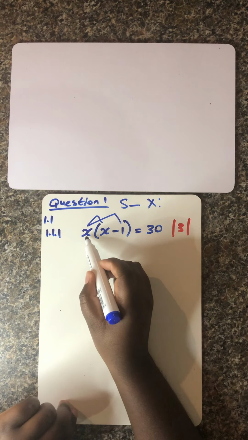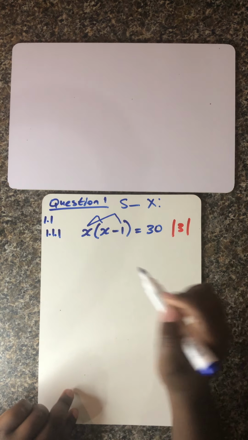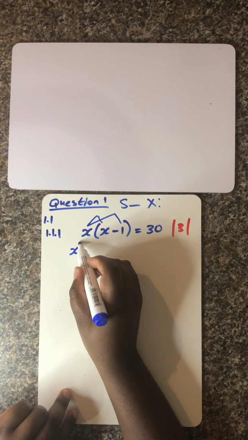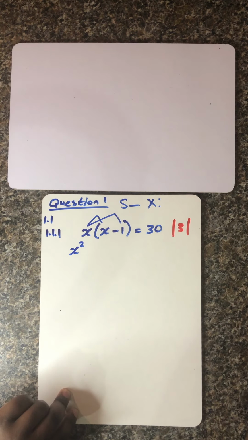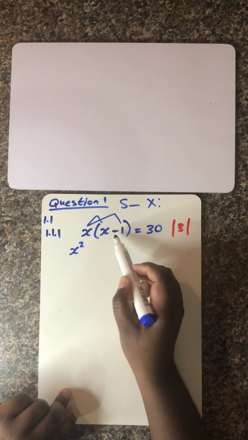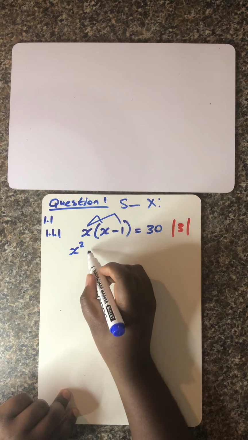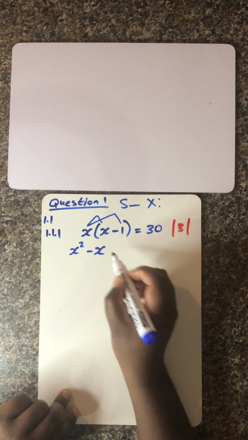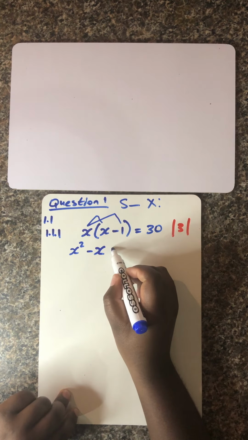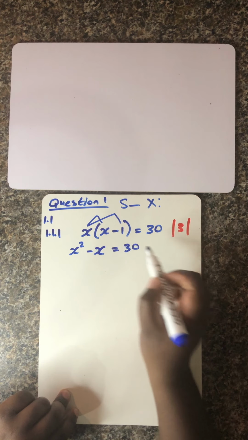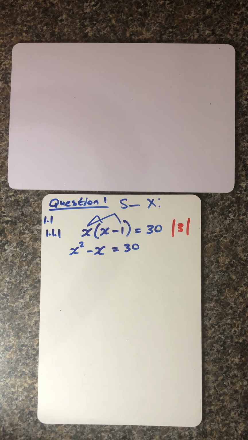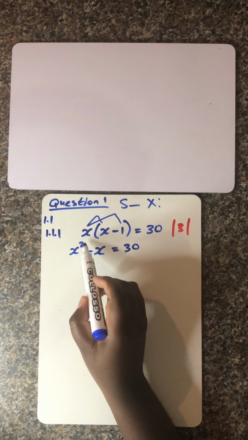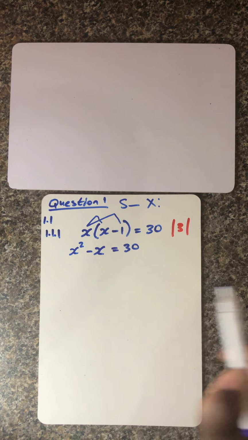Okay, so obviously x multiplied by x is equal to x squared. And then x multiplied by -1 is equal to -1x. And this is equal to 30. Okay, very, very important, ladies and gentlemen. You just did that part only.